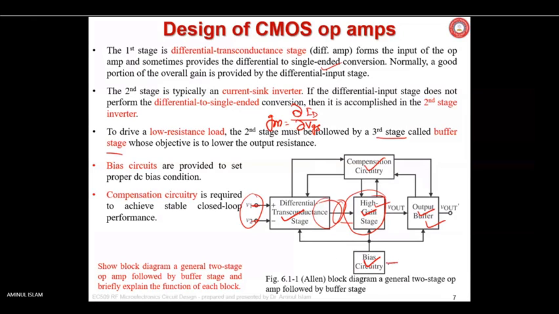We just now said that BJTs or MOSFETs, in this case mainly MOSFETs, should be biased in the saturation region to get higher GM, so higher gain. That will be done by the bias circuits. We'll see what those bias circuits are in future slides. A compensation circuit is required to achieve stable closed loop performance.